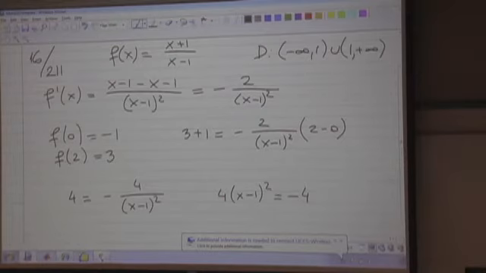So if your function is not continuous, it can't be differentiable at that particular point. Well, yeah, we're only talking about at x equals 1. Okay? Well, yeah, this has no solution.